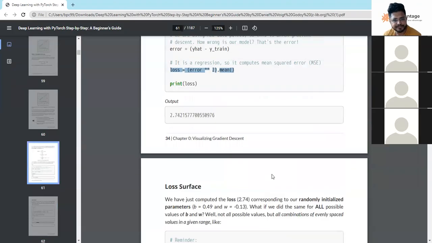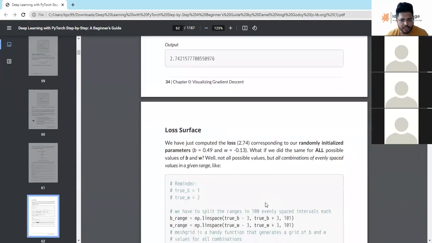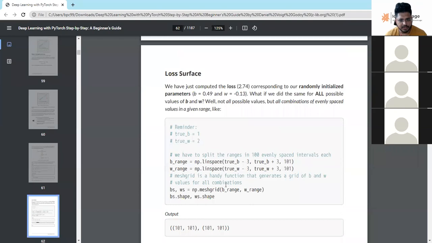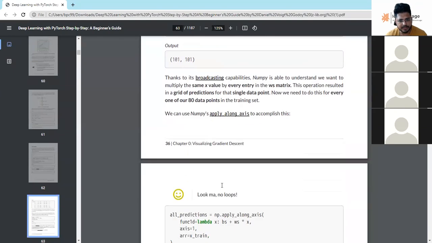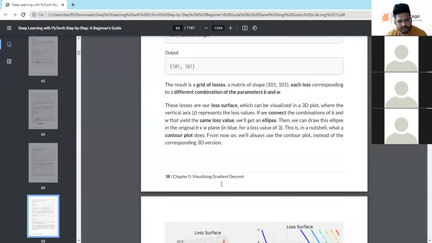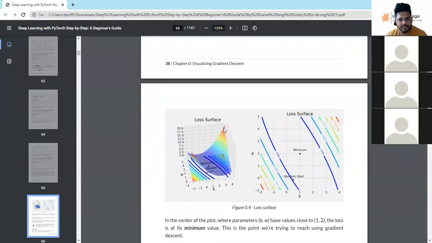Now let us talk about the loss surface. Forget about this code, see it here. This is the loss surface. This axis is B, this axis is W, and this axis is the loss height, the total loss.